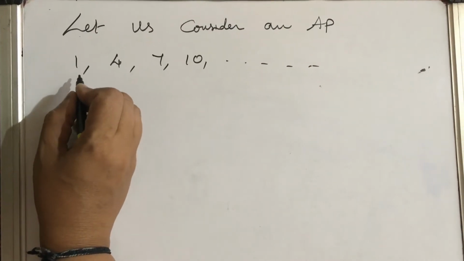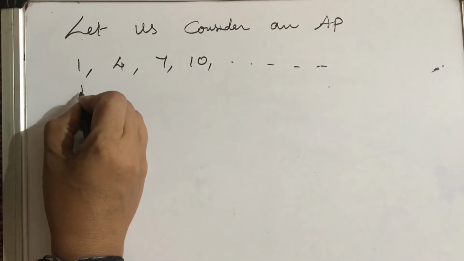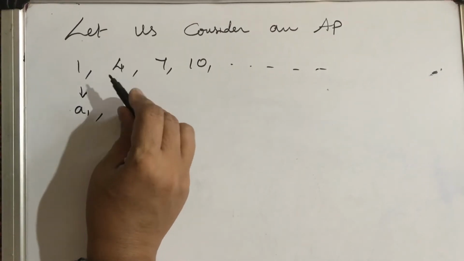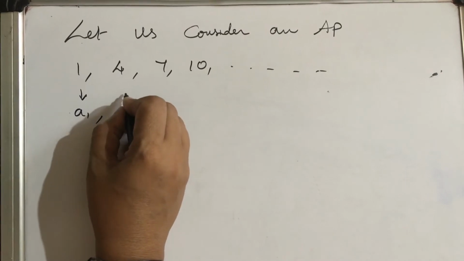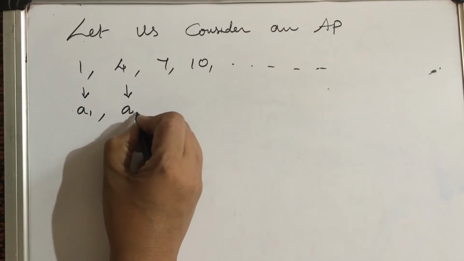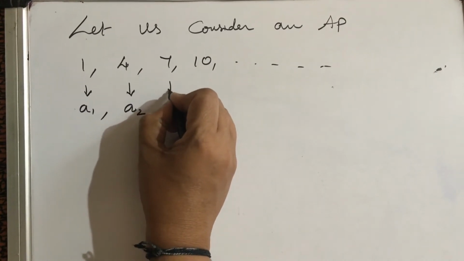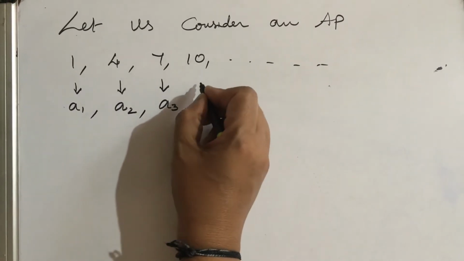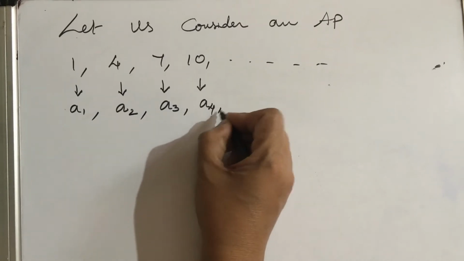The first number, which is at the first place, is said to be the first term and is denoted by A1. The number at the second place, the second number in this AP, is said to be the second term and is denoted by A2. The third term is A3, and the next one is A4, and so on.